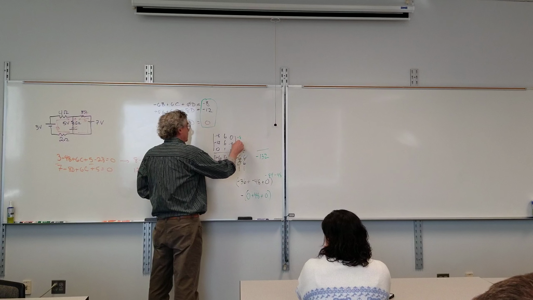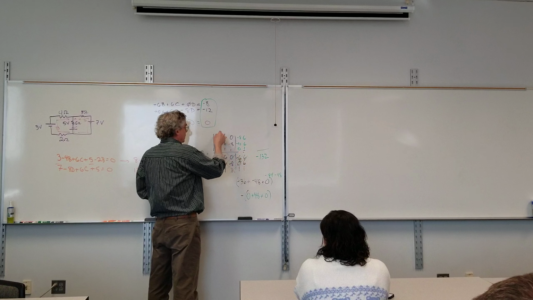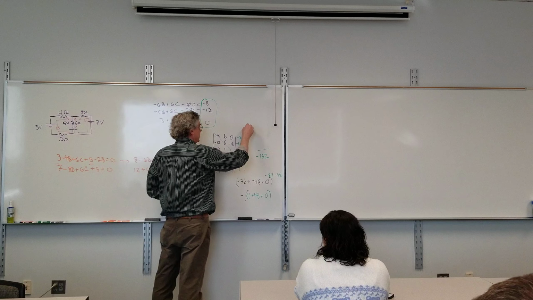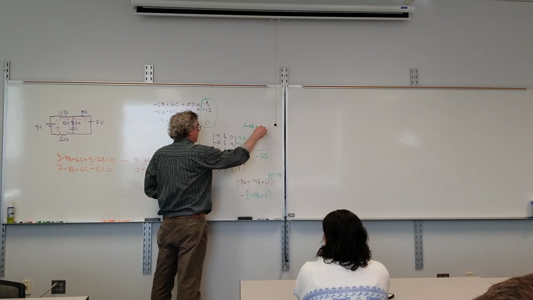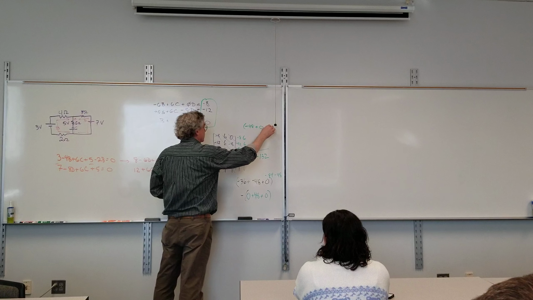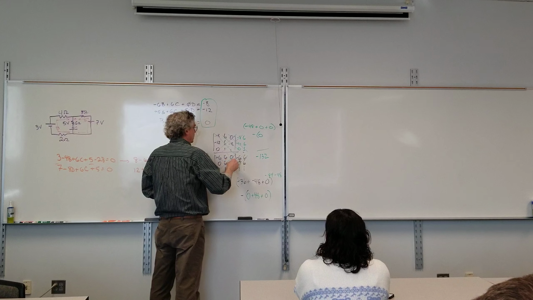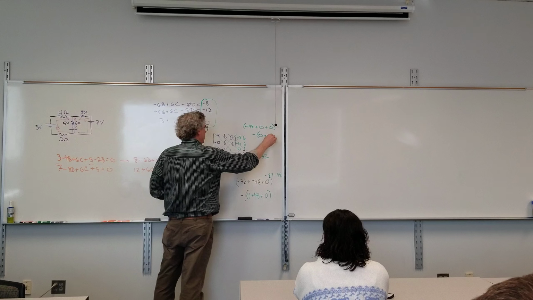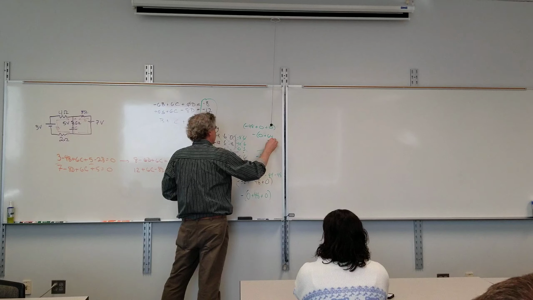So negative 8, negative 12, 0, 6, 6, 1. So I get negative 48 plus 0, plus 64, plus negative 72.